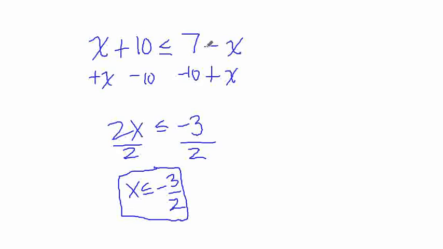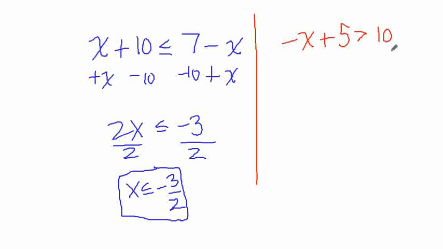There is one twist. There is one situation where it's not the same as solving an equation. Let me show you that now. Suppose instead I had something like minus x plus 5 is greater than 10.